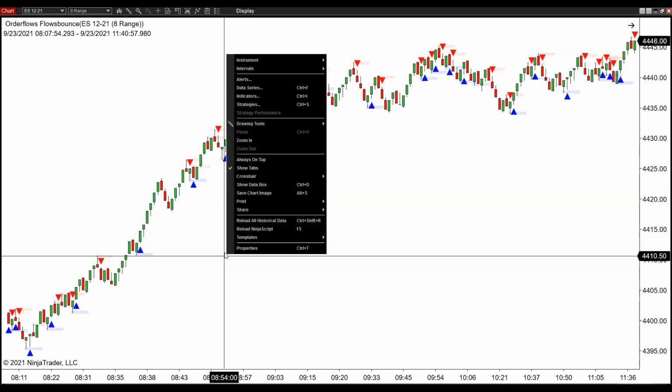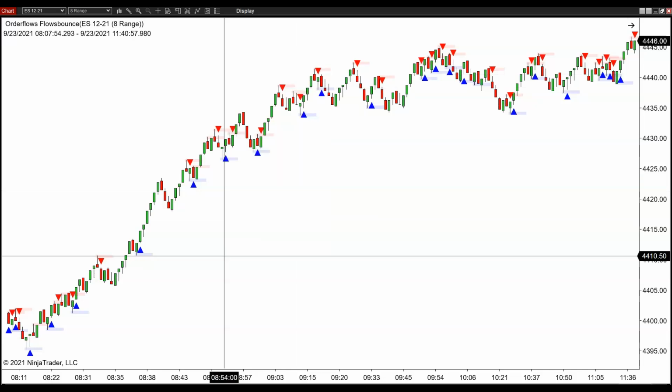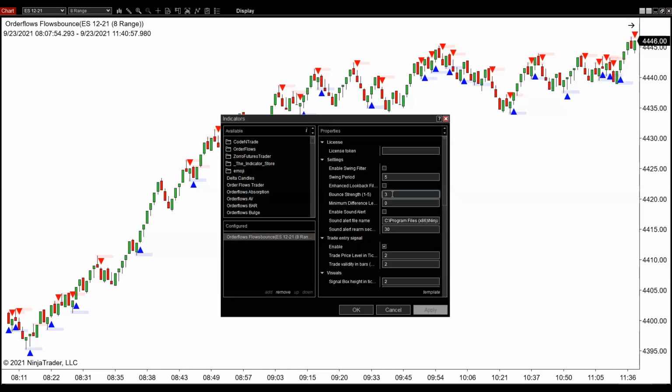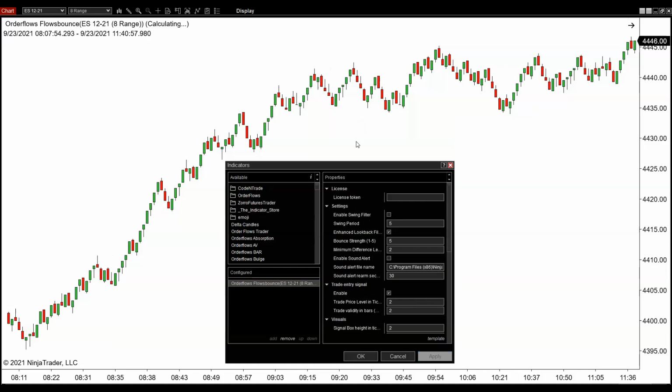Now, this is a range-based chart. Okay, so again, the setting is set to 3. If I were to set it to 5, I'd probably want to use the enhanced look back filter. Maybe set a minimum difference level of 2. I don't know how that's going to look, but the problem sometimes with range-based charts is a market could pick up a head of steam and move very far very quickly, right?